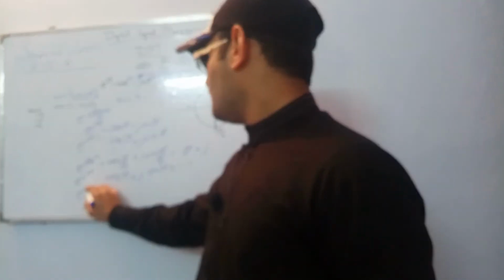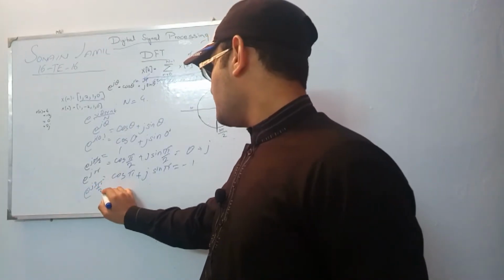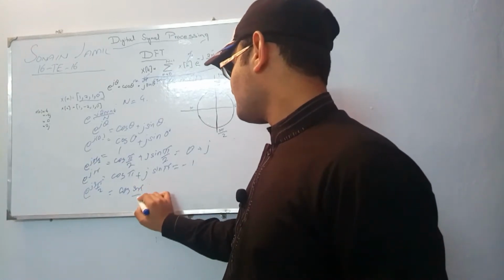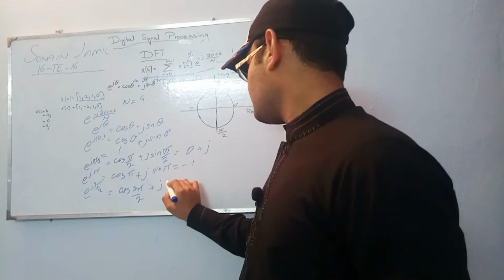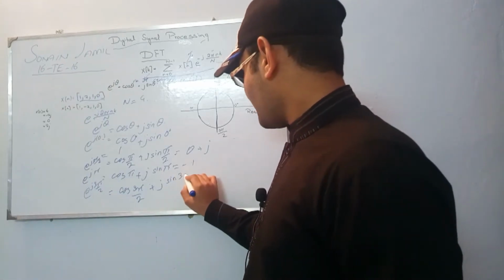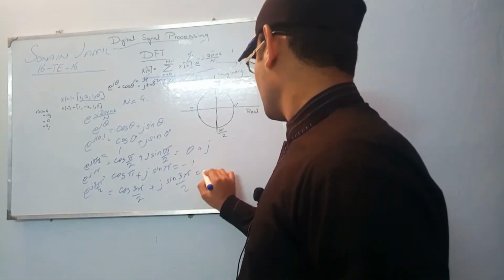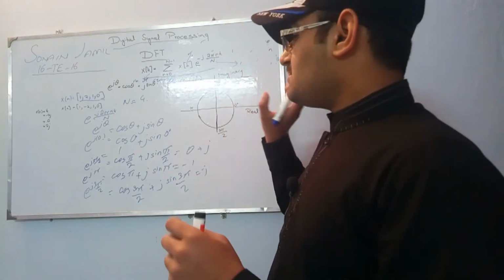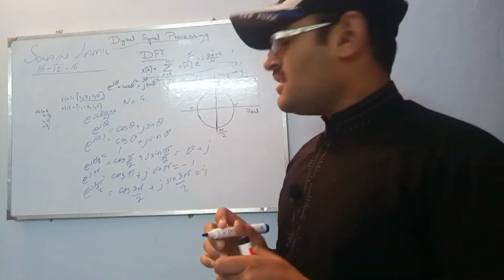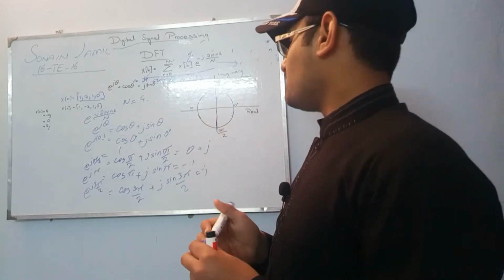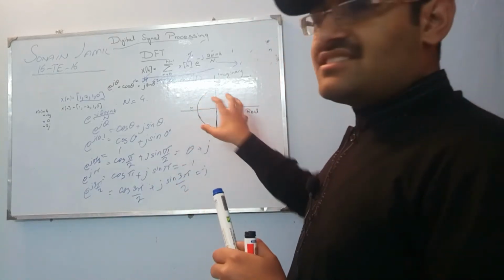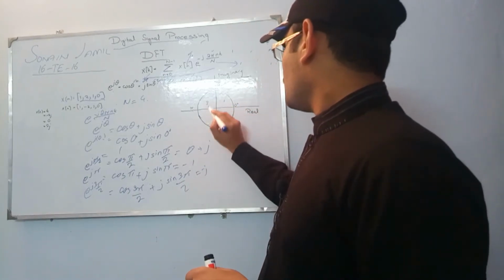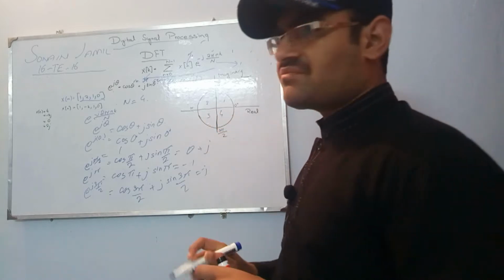And at 270 degrees, it will become minus j. So if we want to plot this, it becomes a complete circle. If we have 4 samples, this circle can be divided into 4 segments, 1, 2, 3, 4.